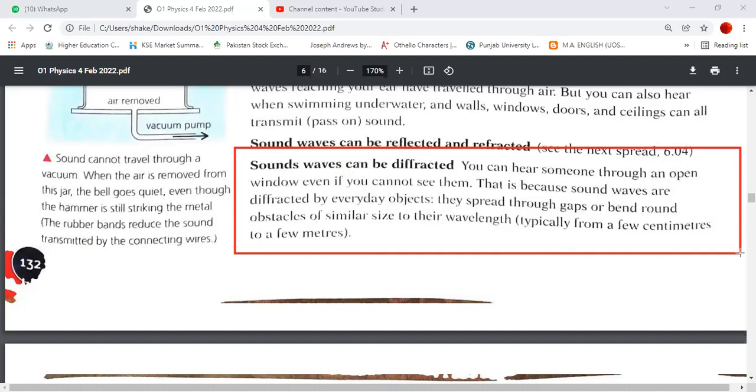जब भी ये materials के corners को sound टकराती है, when it is striking to the corners of the walls or any other materials, then it is bending from that place, and this bending is called as the diffraction. So sound waves can be diffracted. They are able to be diffracted.